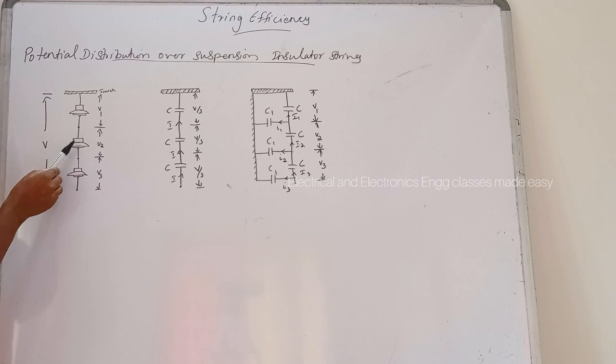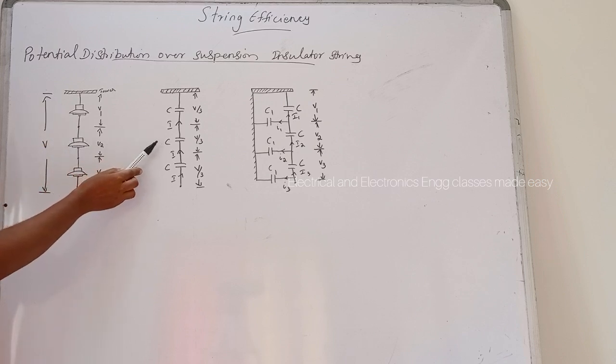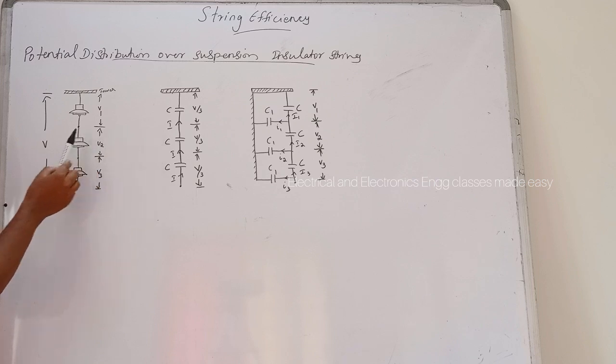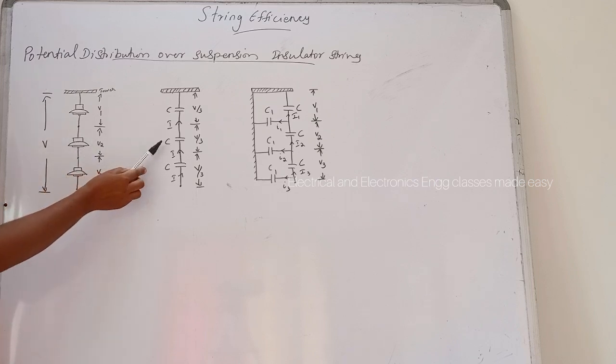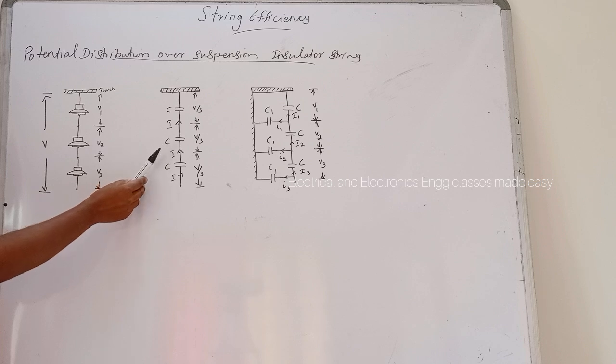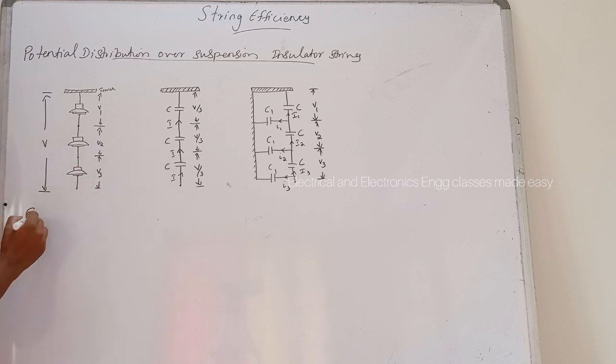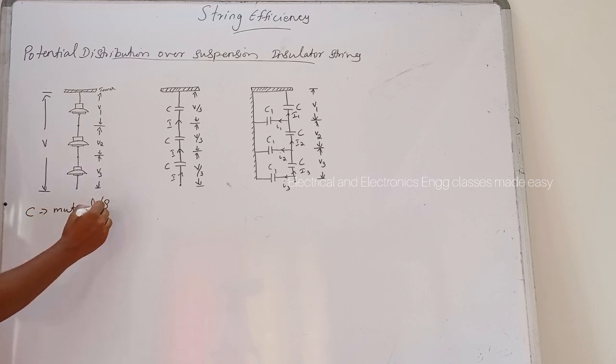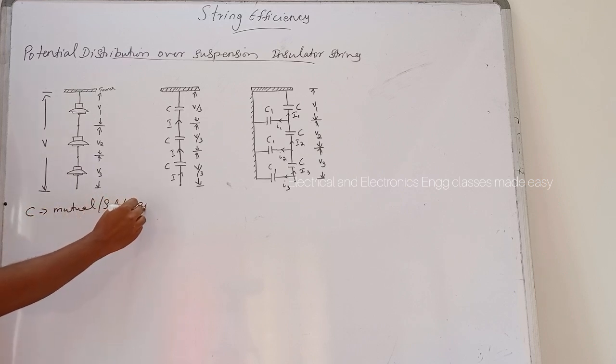Each disc forms a capacitor C like this, and this is known as mutual capacitance or self capacitance. So C is the mutual or self capacitance.